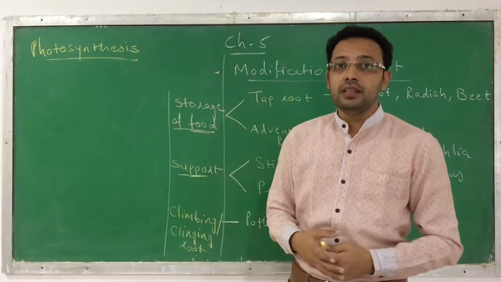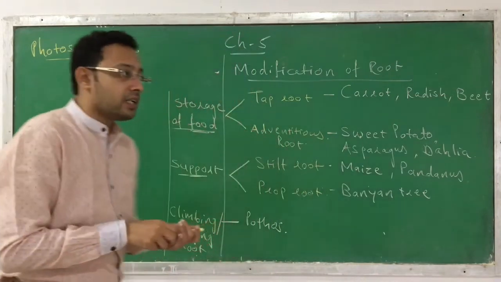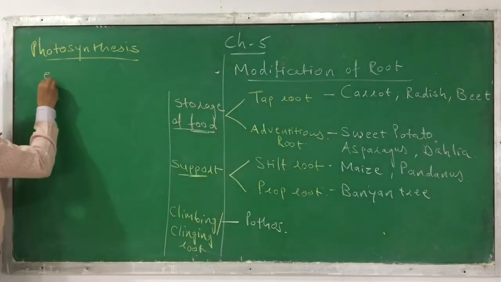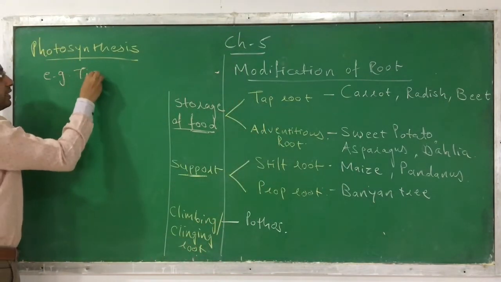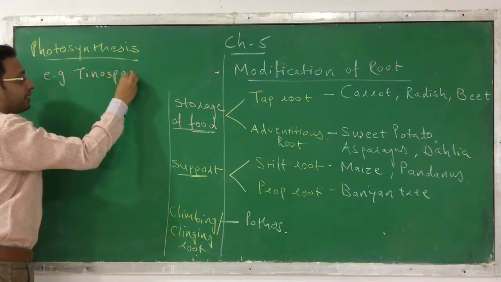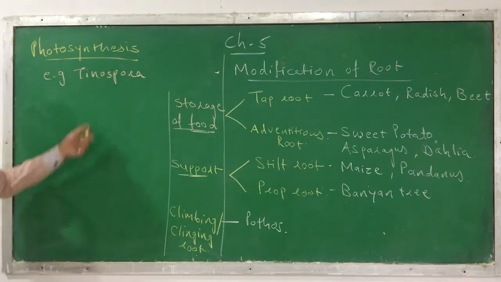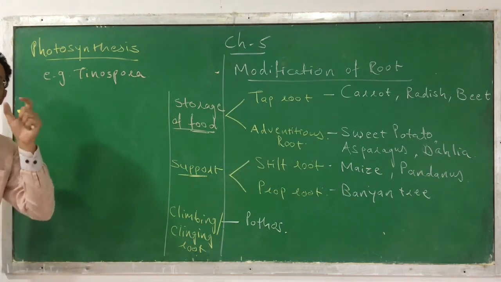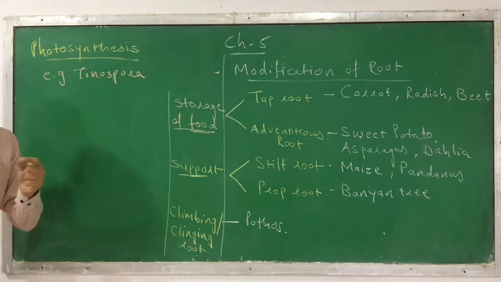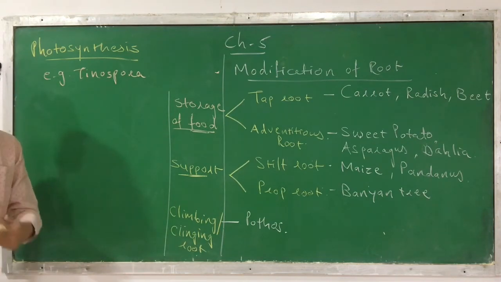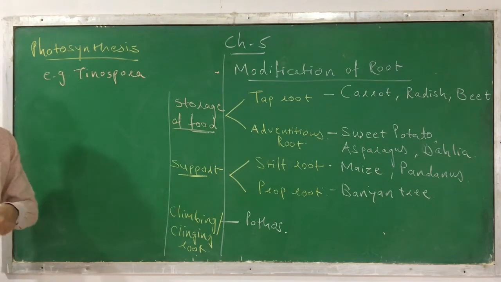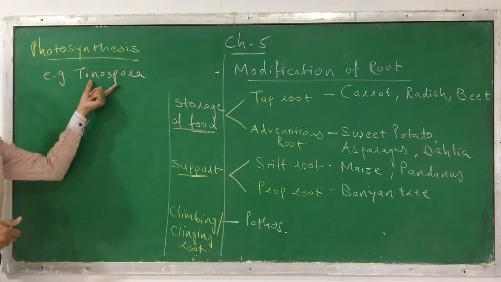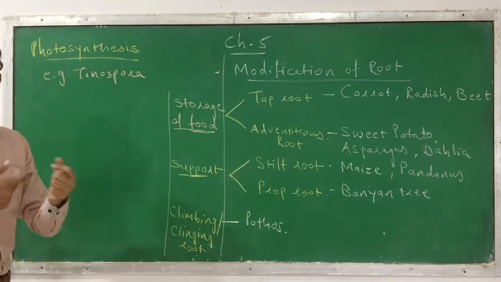But here, in the plant called Ctenospora, remember, the example of a photosynthetic root is the Ctenospora plant. This Ctenospora has very few leaves and they are very small. That means the leaf can prepare its food, but that is not sufficient to fulfill its demand and requirement. So what happens in this Ctenospora, roots are developed.